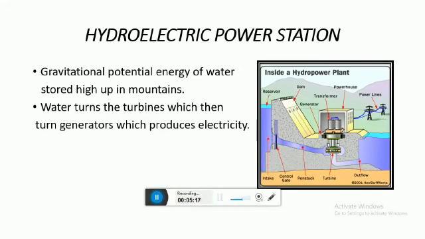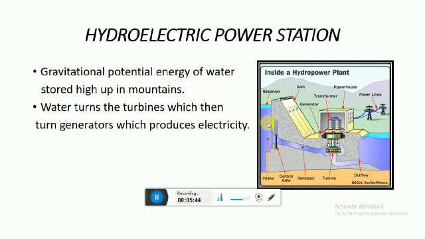Now, hydropower stations or hydroelectric power stations. Whenever we use the word hydropower station, it means we use water. The water is stored in a high dam, and the gravitational potential energy of the water stored high up in the dam is used.